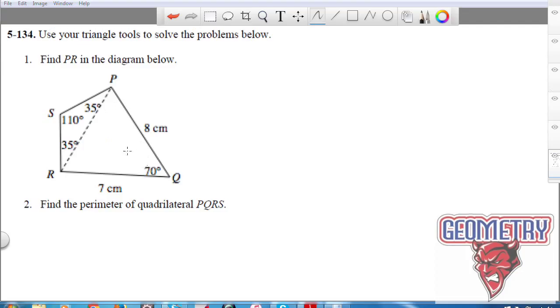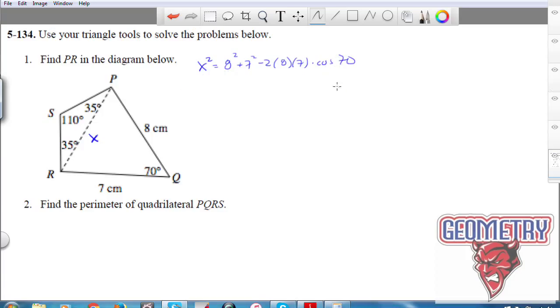So I'm going to use the law of cosines in this situation, kind of just jump to the right answer. I'm going to call this x, since that's what we're trying to find, PR. So x squared equals 8 squared plus 7 squared minus 2 times 8 times 7 times the cosine of 70 degrees.